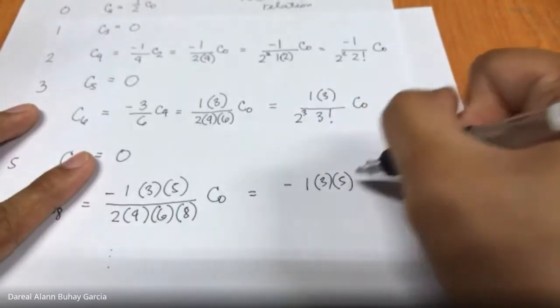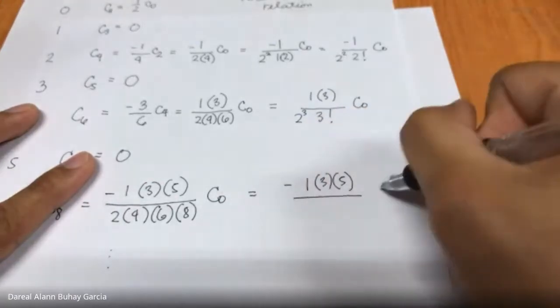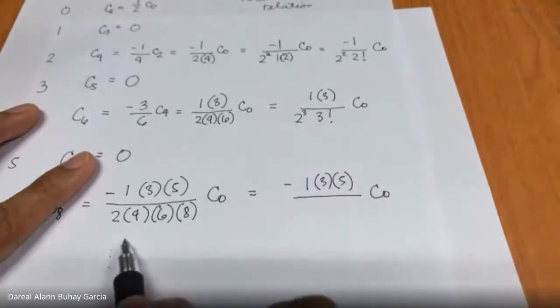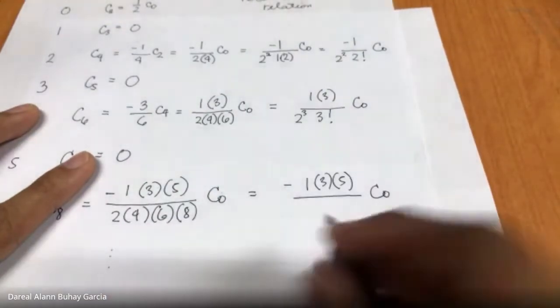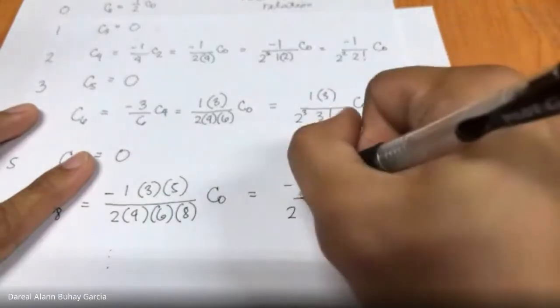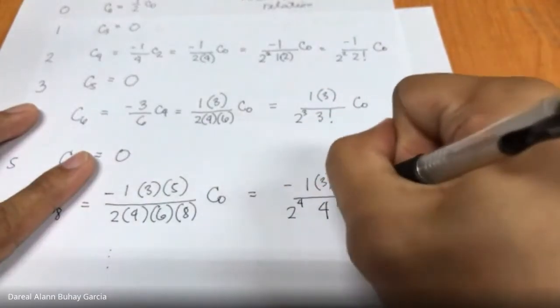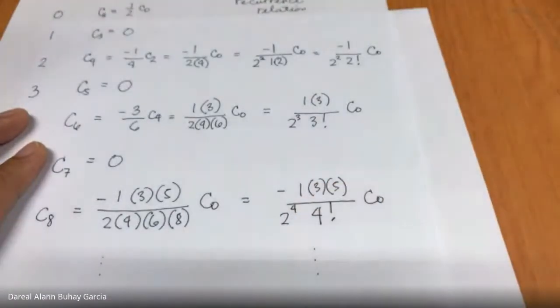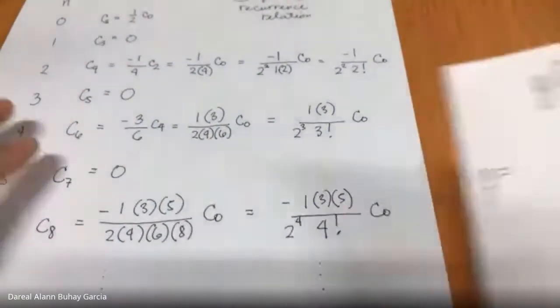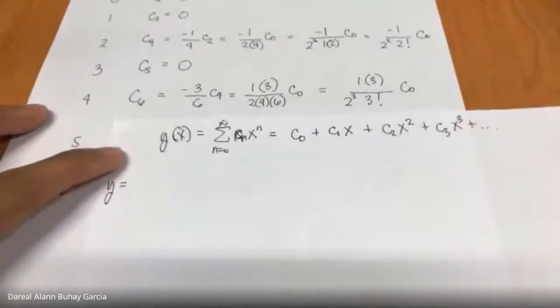Above it, we can make it a factorial. So 1 times 2 times 3 times 4. So we factored out four 2s. That becomes 4 factorial. And so on, so forth.